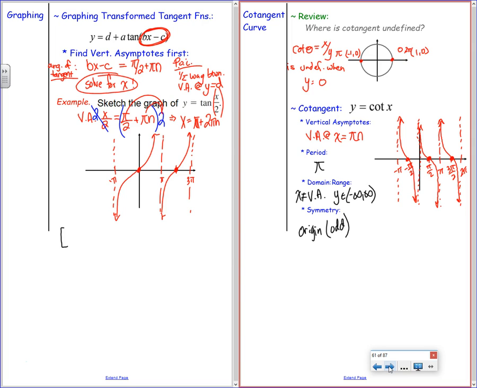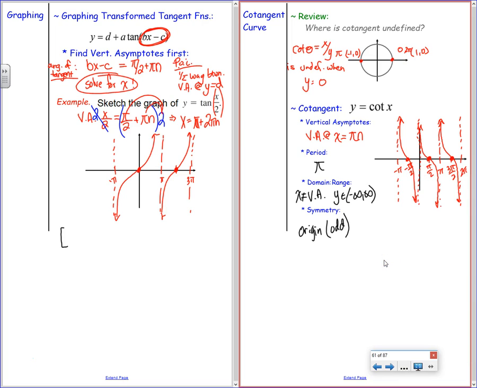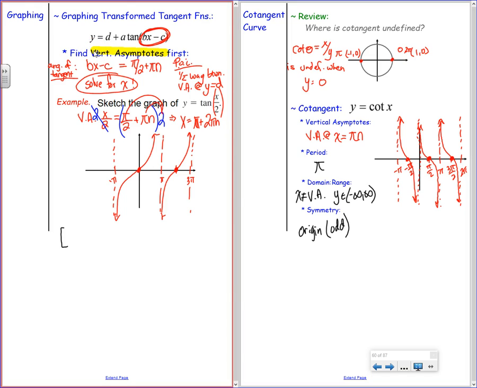Those points of inflection will always happen halfway in between the vertical asymptotes. And they both have ways of finding their vertical asymptotes. If you are a highlighting kind of person, or a marking with a colored pen kind of person, for tangents and cotangents, one of the biggest keys to memorize is how to find their vertical asymptotes. Knowing the shape of the graph, tangent's optimistic, cotangent pessimistic, might be helpful as well.